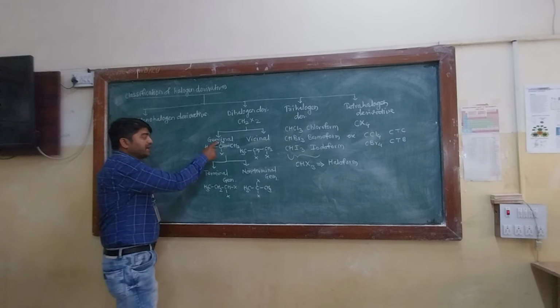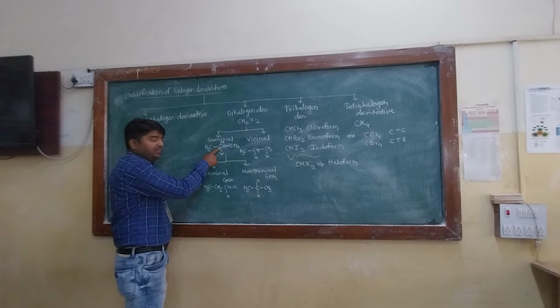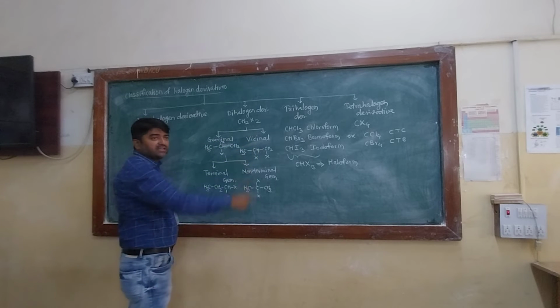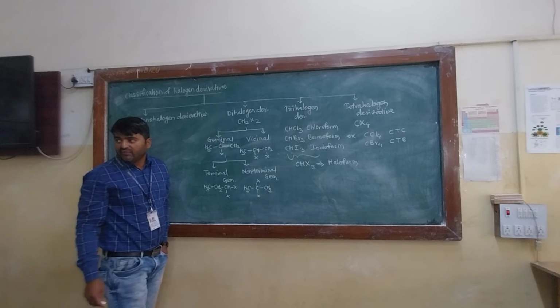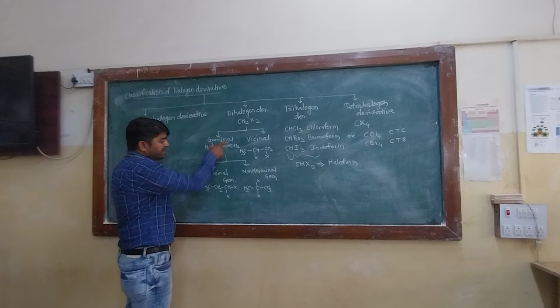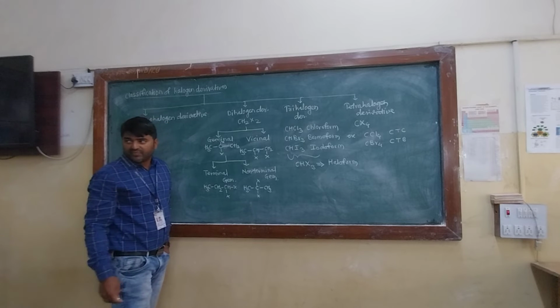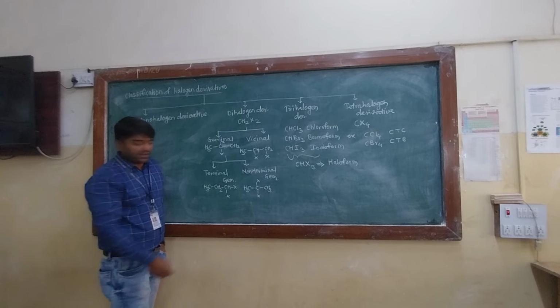So in dihalogen derivatives, two halogen atoms are present. If both are on the same carbon atom, it is a geminal dihalide. If on adjacent carbons, it is a vicinal dihalide. Geminal dihalides are classified into terminal and non-terminal dihalogen derivatives.